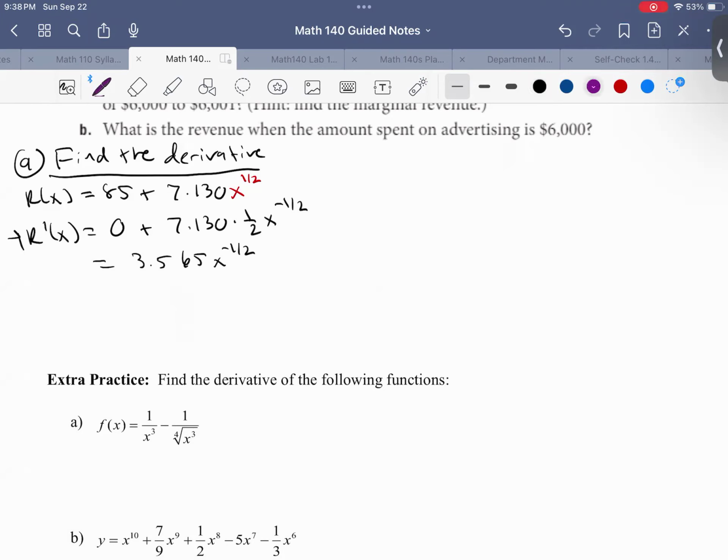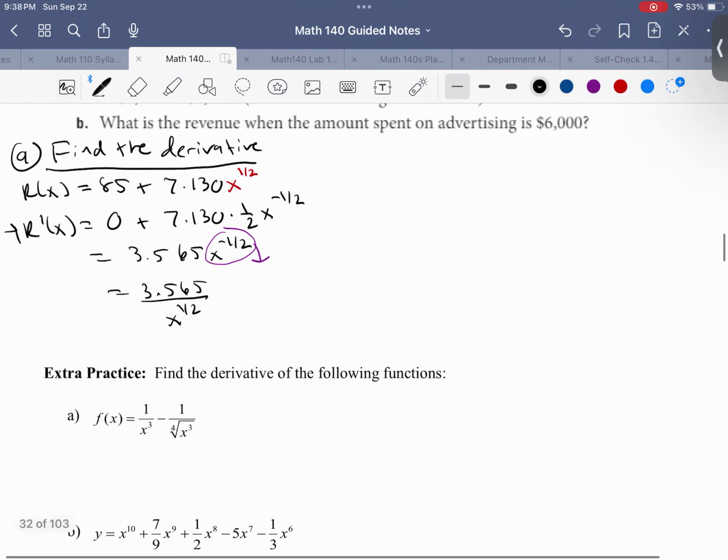But then I want to make this exponent positive, so I bring it down to the bottom. So it becomes 3.565 over x to the 1/2, and I know x to the 1/2 is just the square root of x, so it becomes 3.565 over the square root of x.